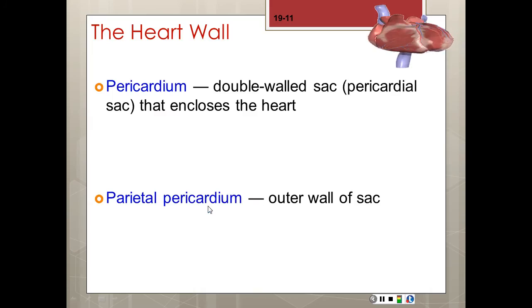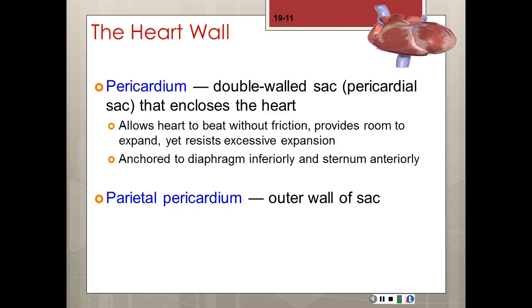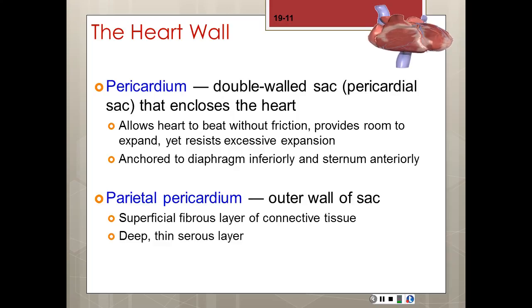So let's look at some other structures. We have the pericardium. It is a double-walled sac that encloses the heart. Now the outer wall is called the pericardial sac, and that's also called the parietal pericardium, and that has a tough fibrous layer of dense irregular connective tissue and a deep thin serous layer.